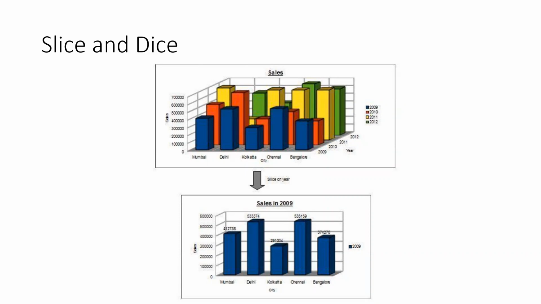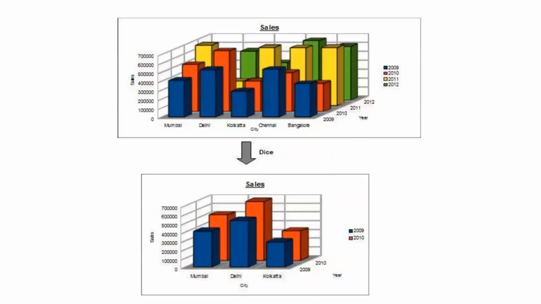So slice means a single dimension you are choosing from the filtering part of the visualization dashboard, and it should look like this. Only one dimension is chosen, that is city, and this is the visualization. And here, we have chosen two years from the drop down filter of a particular dashboard.